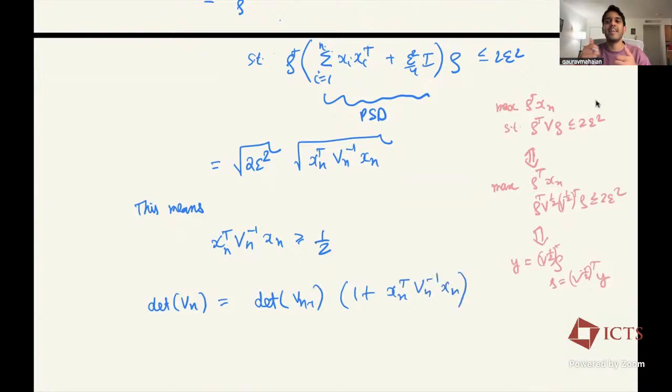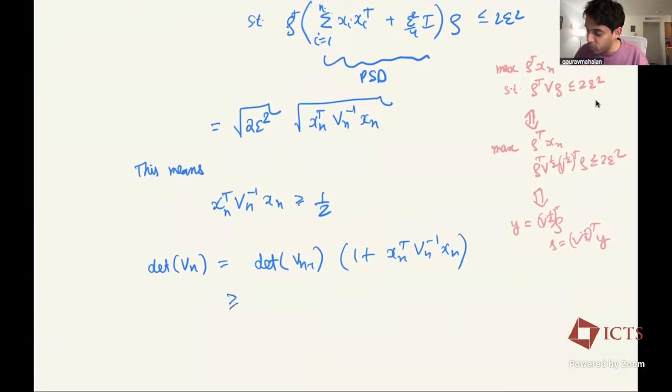It's basically saying, if you go in a direction that is not represented by my covariance matrix, then you increase the volume by the norm of this direction in the inverse basis. And so this becomes more than 3/2 times the determinant of Vn minus 1, because it's more than half.